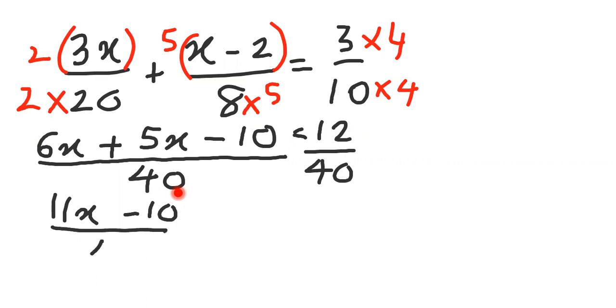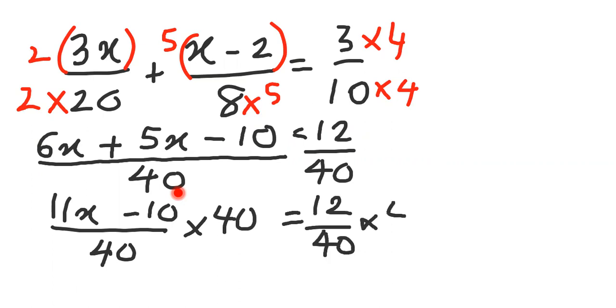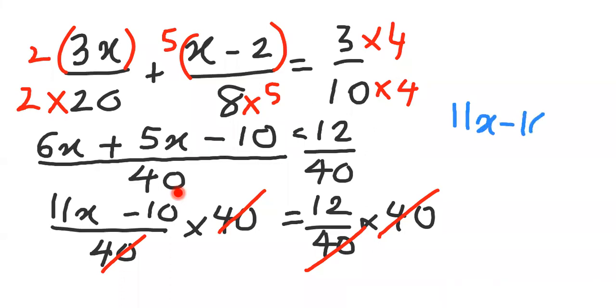And I can remove this 40 by multiplying 40 on both sides. Now I can cancel this 40 and this 40. So what am I getting finally? I get 11x minus 10 equal 12.